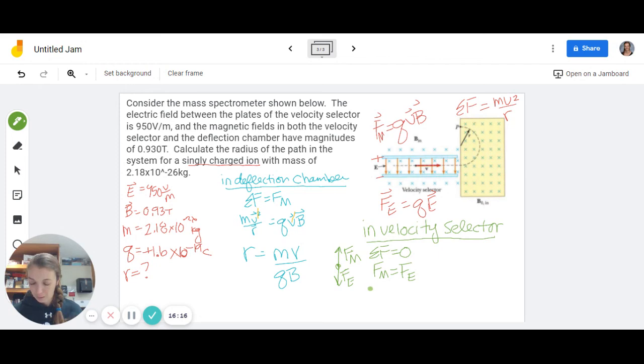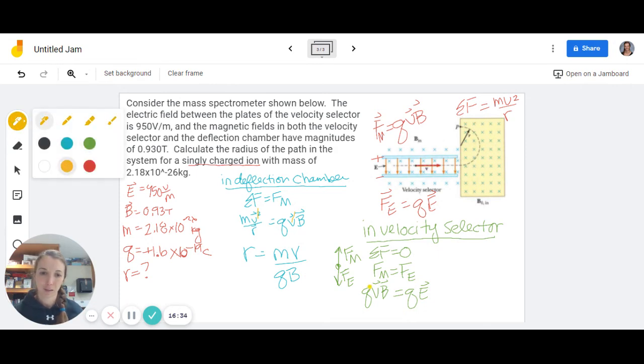Our magnetic force is qvB sine theta, but remember theta is 90 degrees. And our electric force is q times the electric field. Now notice that our q's cancel, and I can solve for v. v is just equal to the electric field divided by the magnetic field.